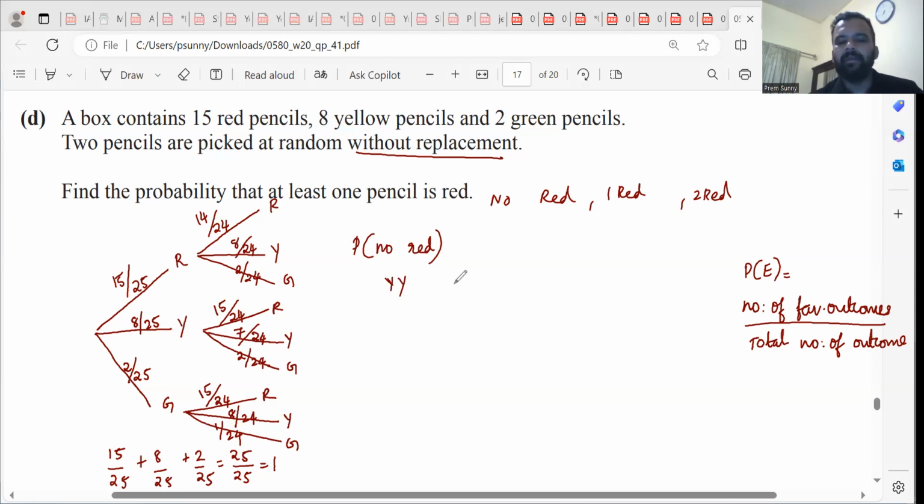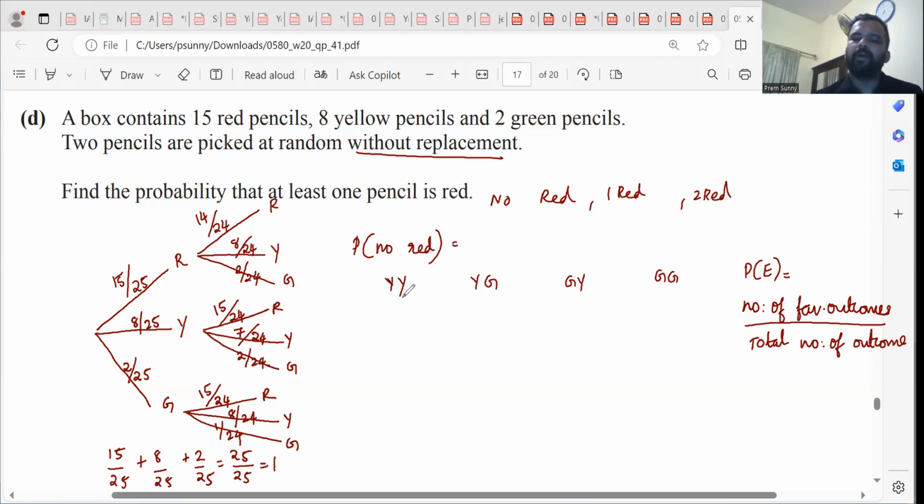Yellow and green, I'm not getting any red. Green and red, I am getting a red, so I cannot consider that. Green and yellow, there is no red. Finally, green and green, there also I am not having any red.